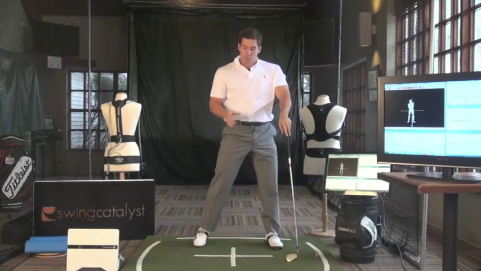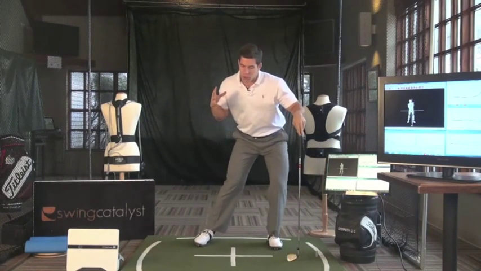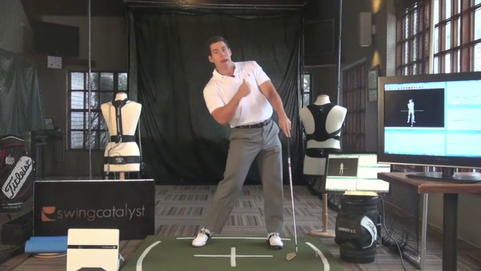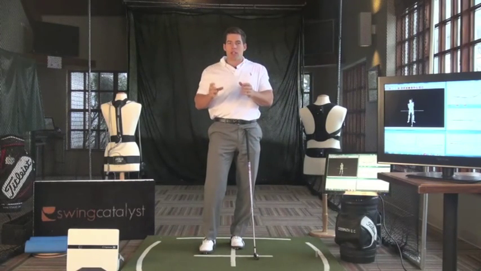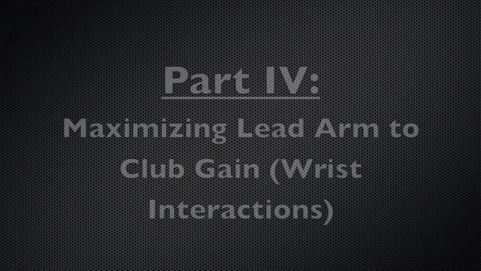So again, take those forward bend and forward components and feel like you go away and back from the golf ball, and you've got the very best chance at offsetting some of those accelerations.